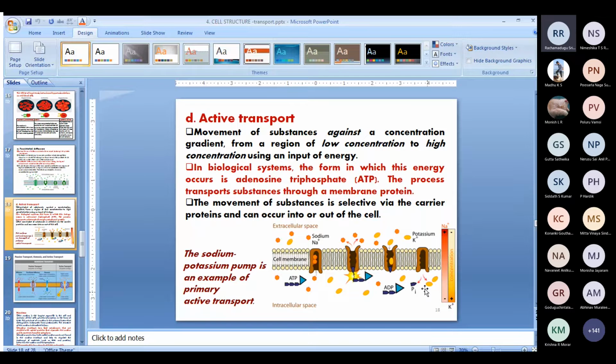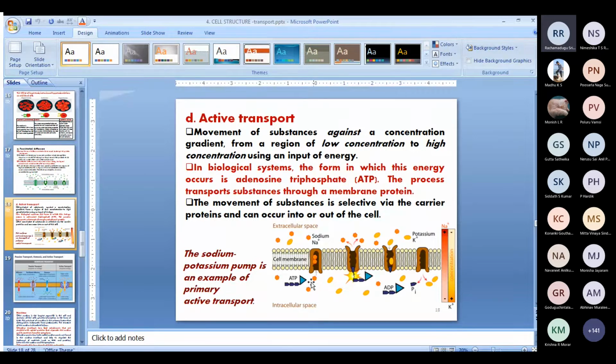So what is active transport? Here, there is a movement of substances from a lower concentration to a higher concentration. It happens with the help of energy, and that energy is provided by adenosine triphosphate. The best example is the sodium potassium pump.